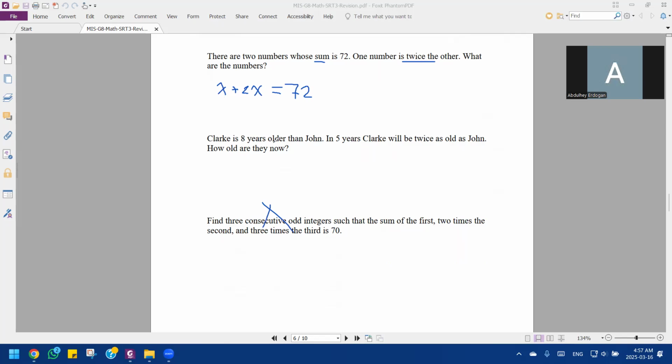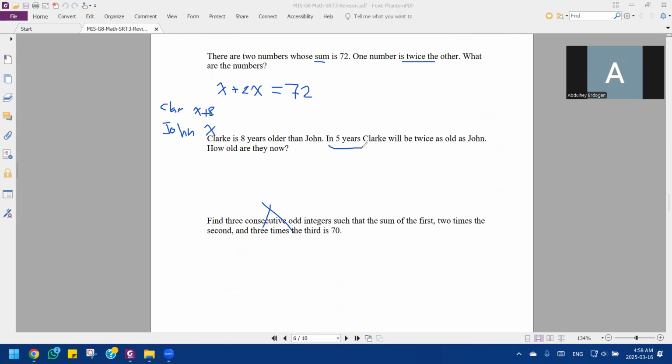We said always the smaller is x. Clark is 8 years older than John, so John is the small one. So let me keep John as x. Okay, John is x. Since Clark is 8 years older than him, I would consider Clark as x plus 8 because he's 8 years older than John.